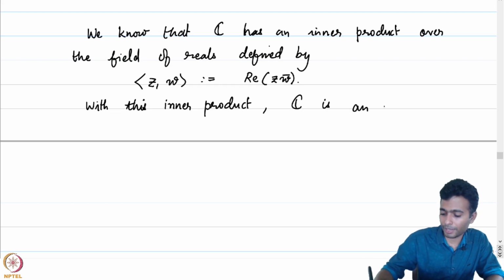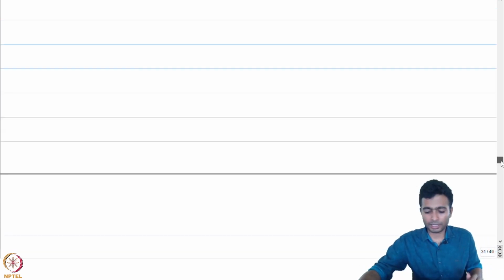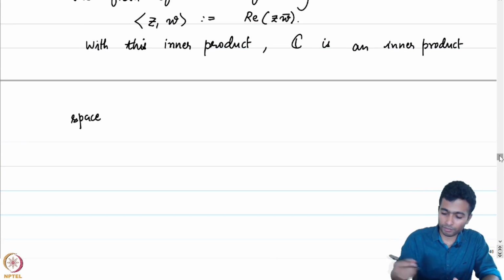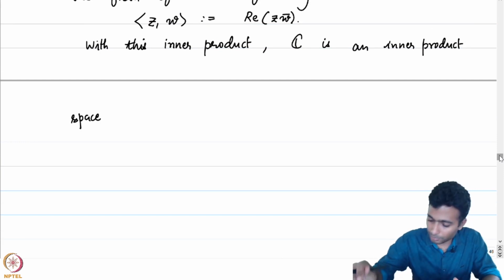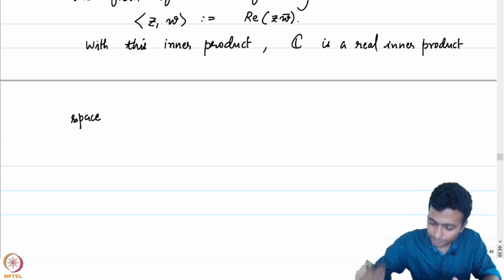You should brush up your linear algebra, or you can just sit and explicitly check that this is an inner product on C, a real inner product, which makes C into a real inner product space.